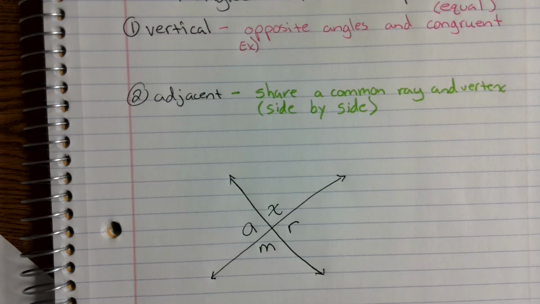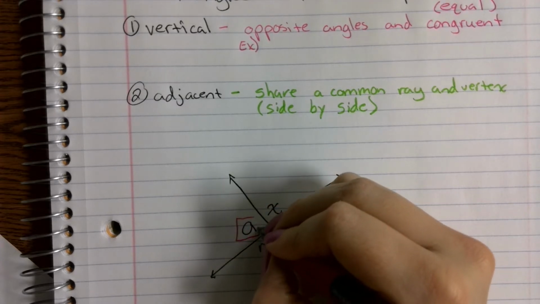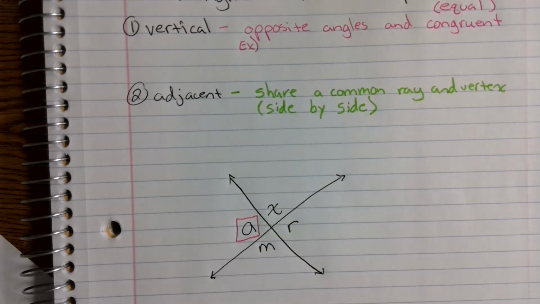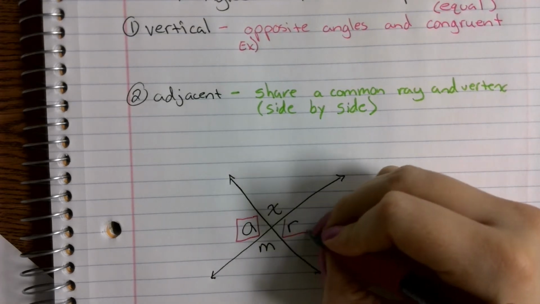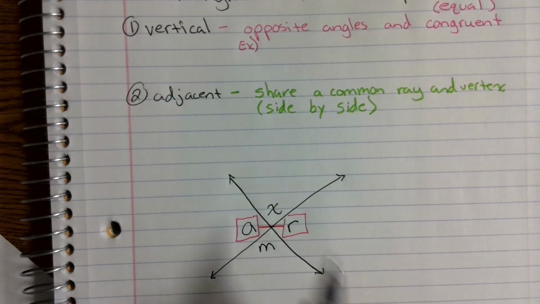So if I'm talking about vertical angles, and I'm looking at angle A, what angle is directly opposite of it? That would also be the same exact size as it. Angle what? R. Good. Angle R is directly across. So what you're basically doing is you're able to go through the vertex, and connect them with a straight line through the vertex.